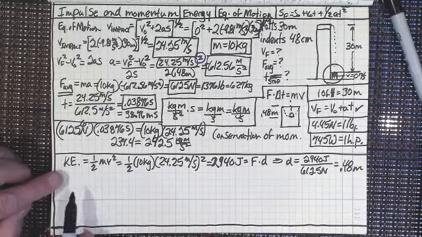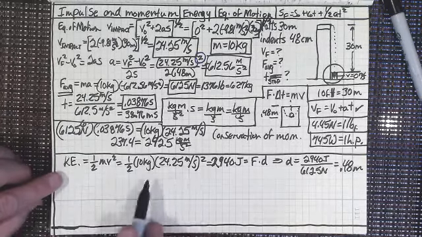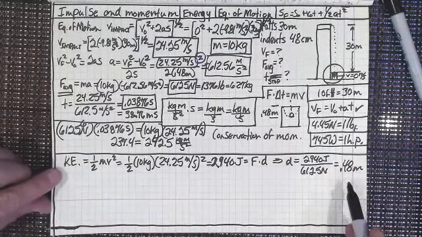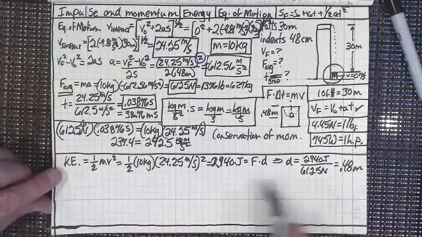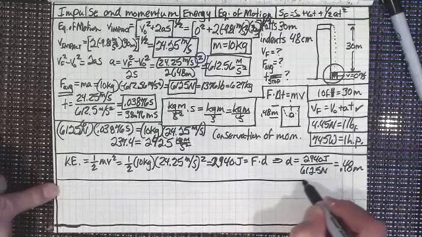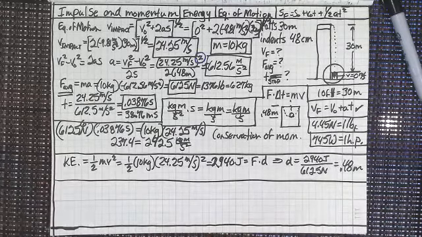Let me see what else. Okay, so we've got that. The next problem we're going to analyze more so with energy analysis, but then I'll also use impulse and momentum.